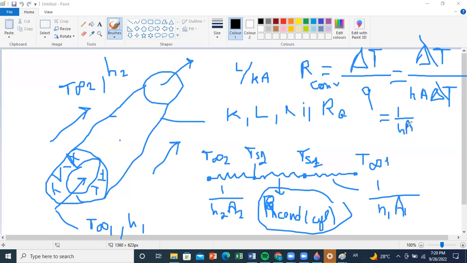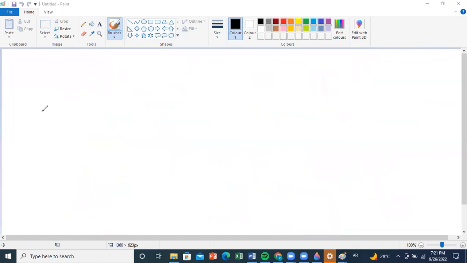For the case of plane wall, we said the resistance of conduction. So let's say we have a plane wall. In a plane wall, we can show that the temperature distribution is linear. You know why? Because if I give you the energy equation, how do you know it will be linear?